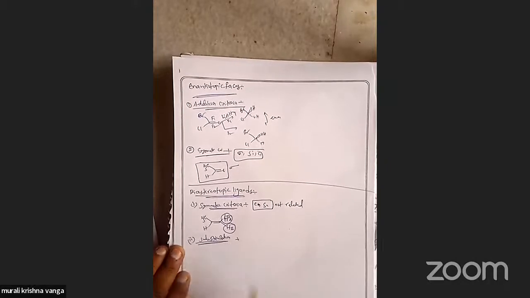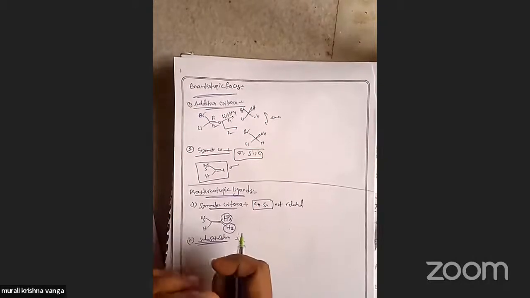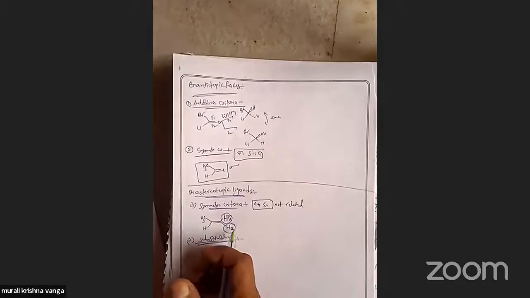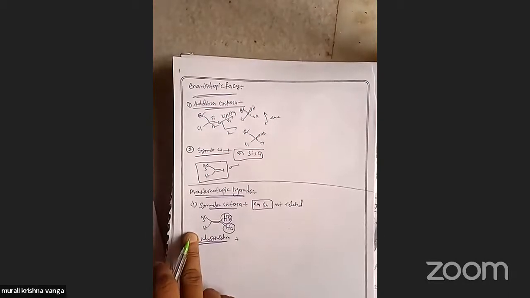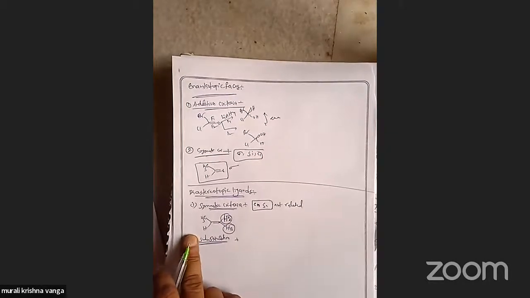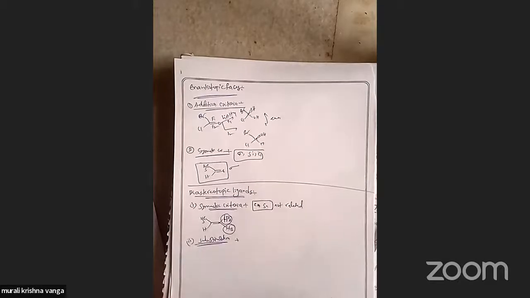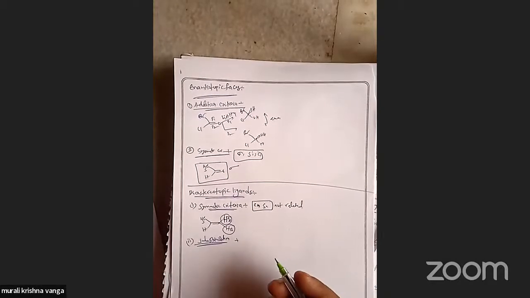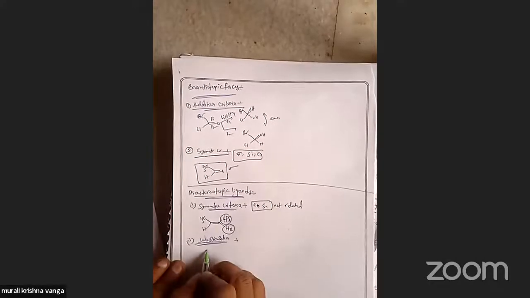Substitution criteria: if the selected homomorphic ligands are substituted with a different group and the resulting products are diastereomers, then those are diastereotopic ligands. Here I am taking the same example.